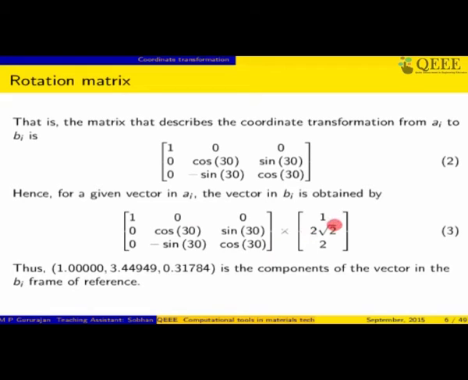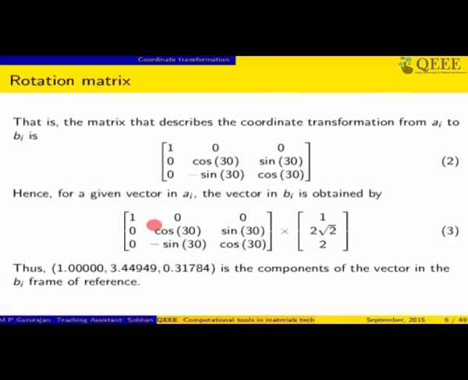Now I know that in A the components of the vector are 1, 2 root 2 and 2. I know that this is the rotation matrix which tells how to go from A to B. So if I multiply this rotation matrix with the vector describing the components in the A frame of reference, I will get the new vector, which is how it will be represented in the B frame of reference.